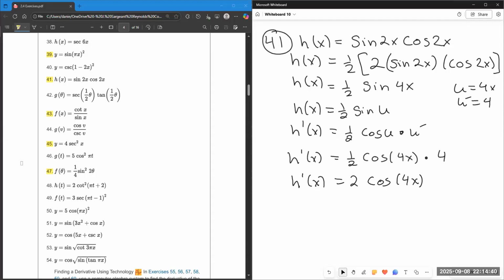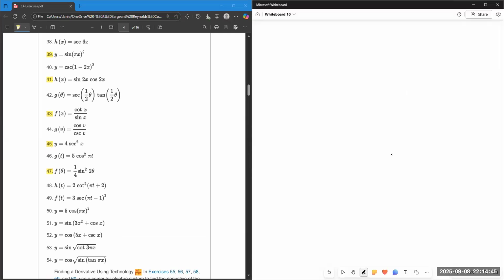Let's look now at number 43. 43 says f of x is equal to cotangent of x over sine of x. I can bring the sine up as a cosecant and do a product rule instead of a quotient rule.